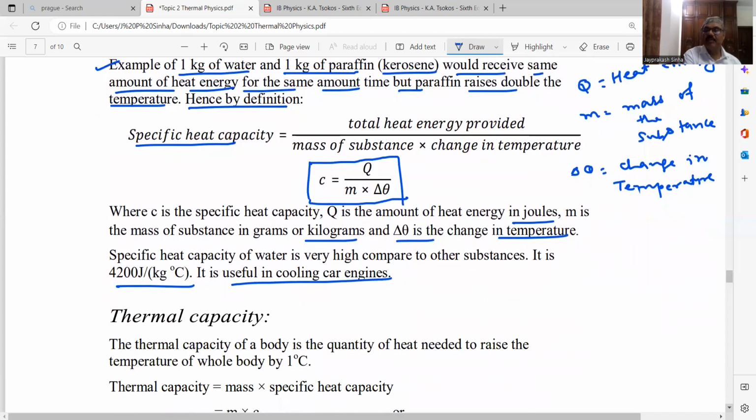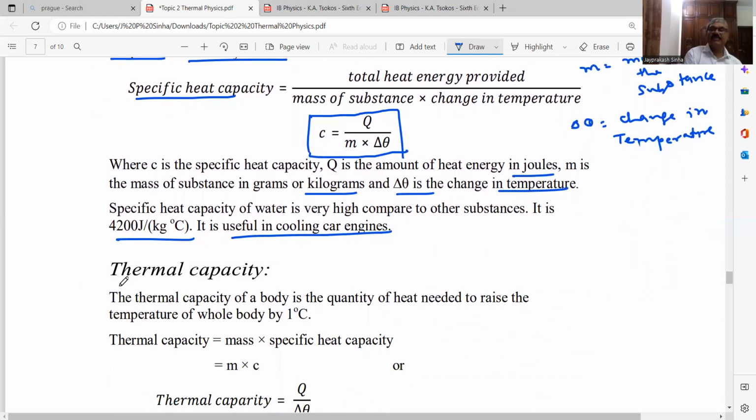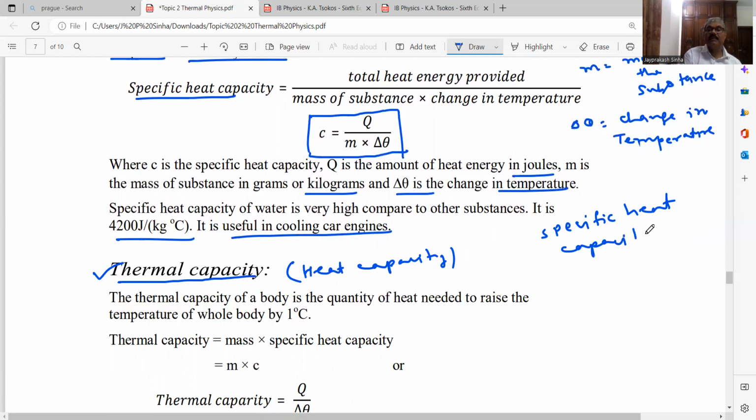Now the second thermal property is thermal capacity, or heat capacity also we say. So heat capacity and specific heat capacity are both different. They are not the same.